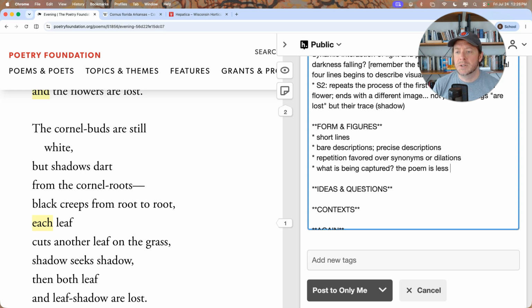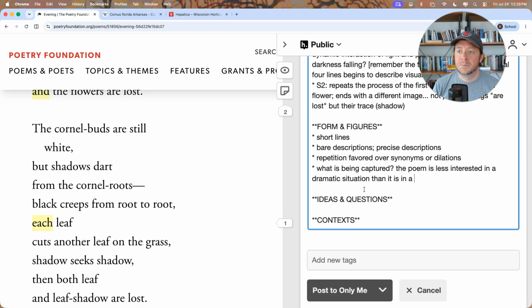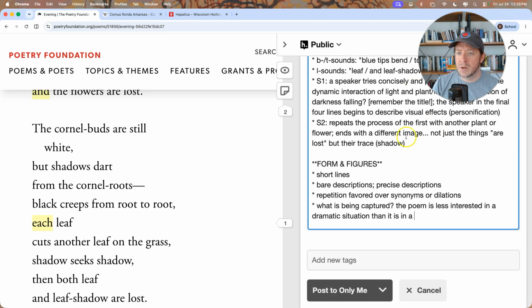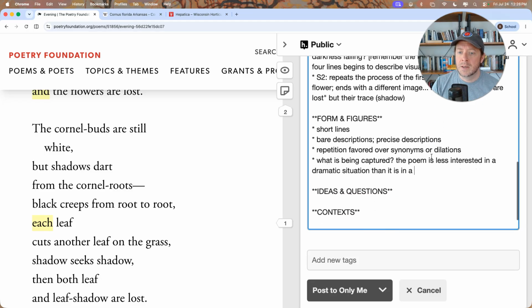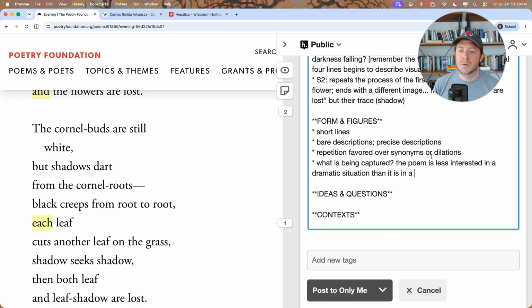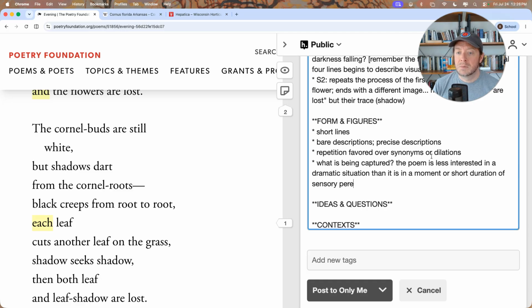The poem is less interested in a dramatic situation than it is in, and I think I'm working toward that when I tried to listen for the poem's prose sense, less interested in a dramatic situation than it is in a moment or short duration of sensory perception.